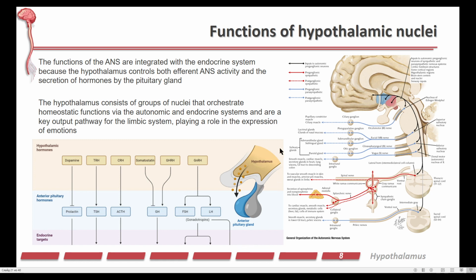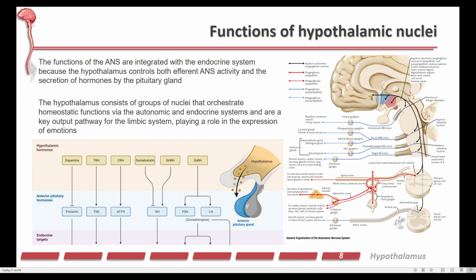But besides that, as we have mentioned, we have the hypothalamus-pituitary system. This is where the hypothalamus produces releasing hormones for the anterior pituitary, which produces tropic hormones to act on various endocrine glands. So as you can see, functions of the autonomic nervous system are highly integrated with endocrine regulation, because the hypothalamus controls both efferent autonomic nervous system activity and the secretion of hormones through the pituitary gland.